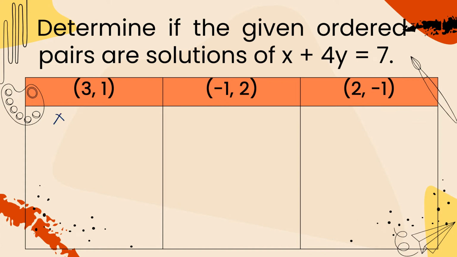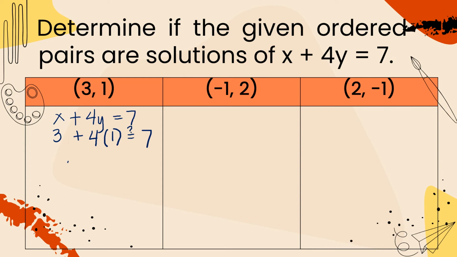First, we substitute. So since our linear equation is x plus 4y is equal to 7, we substitute the values of x and y coordinates. So we have 3 plus 4, and then we substitute y is equal to 1, so that is 4 times 1 is equal to 7. Since we are not yet sure, we are going to place a question mark there.